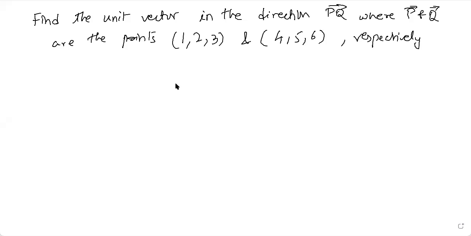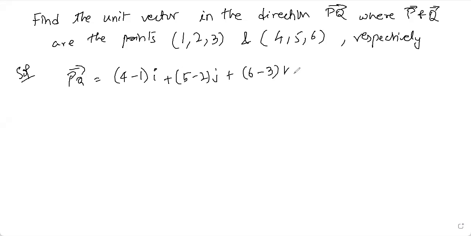Let us solve this. Now PQ, which is 4 minus 1 into i plus 5 minus 2 j plus 6 minus 3 k, right?